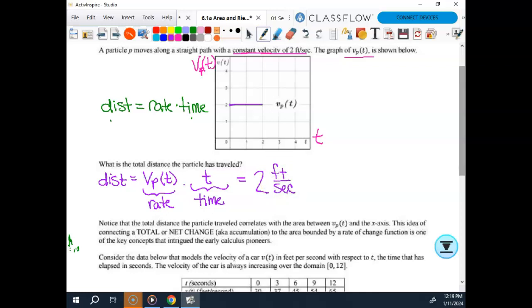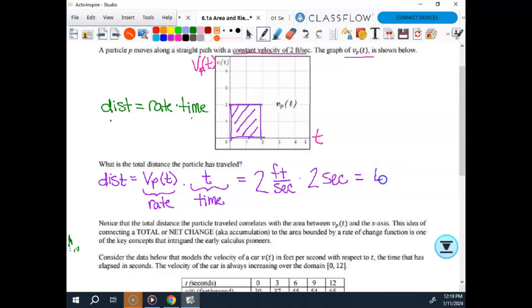Times, what would my time be? 2 seconds, right? Because this is 2 seconds. This right here, my velocity is 2. So we basically did 2 times 2. And what we end up getting is the area under the curve that I know is not really curvy.